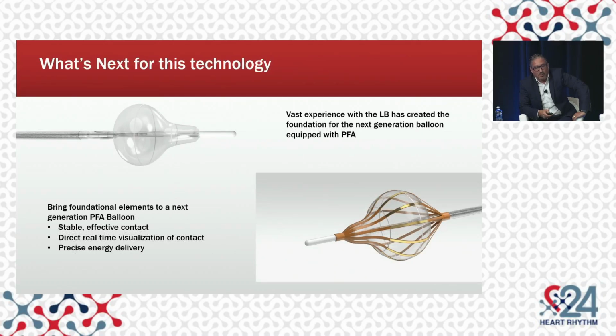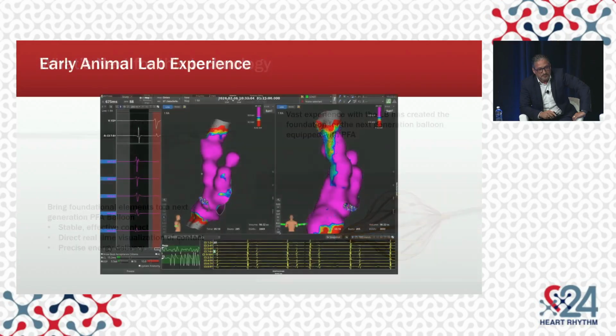So why is that important for a talk where we're super excited about PFA technology? Because this same balloon provides the structure and framework for the next generation balloon, which will allow for the delivery of PFA. And I think that this tool, having used it in a swine model, will provide an excellent single-shot source to do pulmonary vein isolation with PFA.